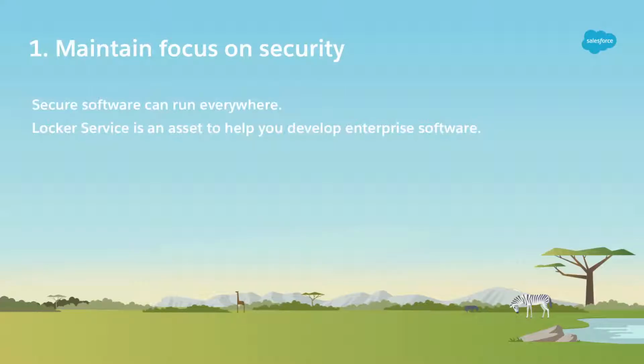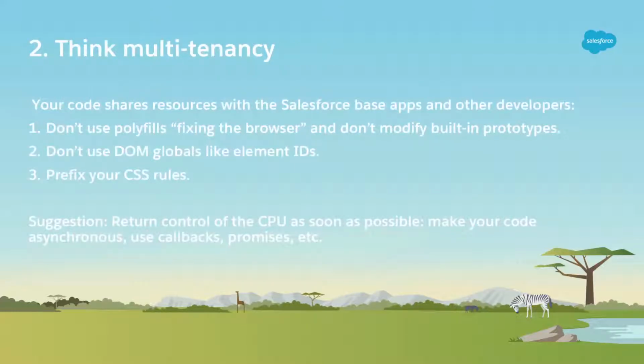Second thing, imagine that your code is now running in competition with others in the browser. So don't use polyfills that try to patch the browser. For example, Core.js is a popular library that tries to make all environments the same. And also try to avoid having global references like component IDs.